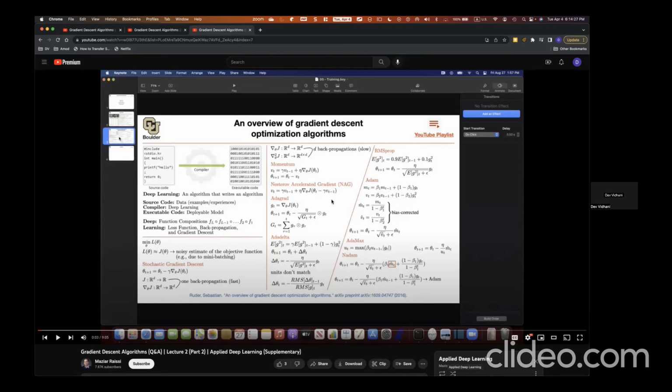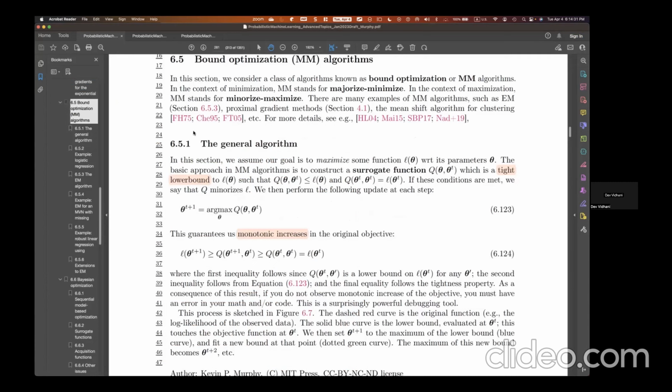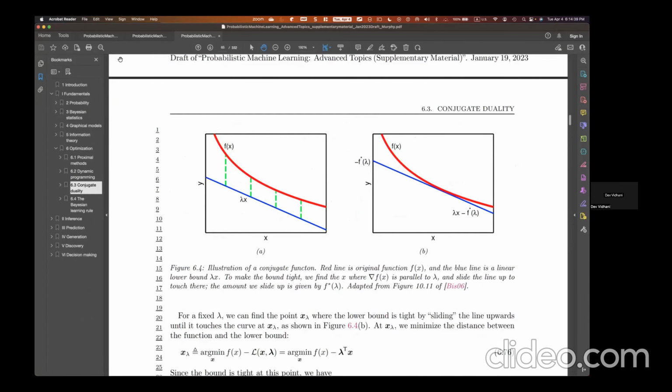Now, before we jump to that, I want to very quickly just cover this little section for the background for everyone. Okay.